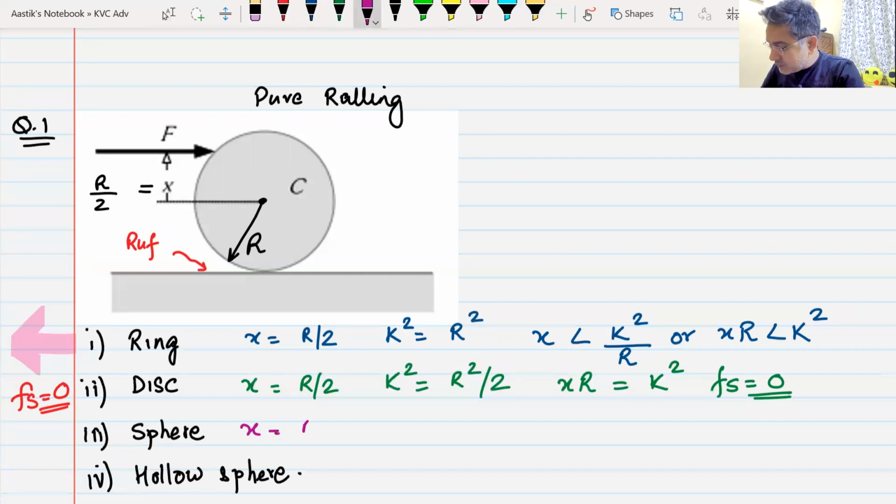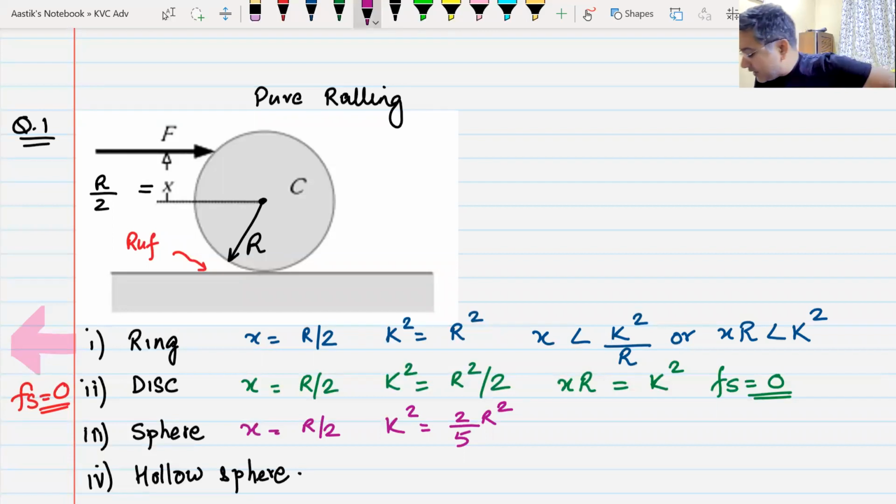X is again r by 2, but k square is 2 by 5 r square, and x into r is r square by 2. Which is greater? Here x into r is greater than k square. Yes or no?